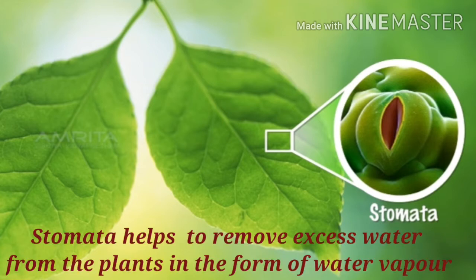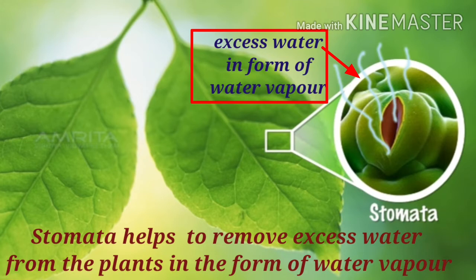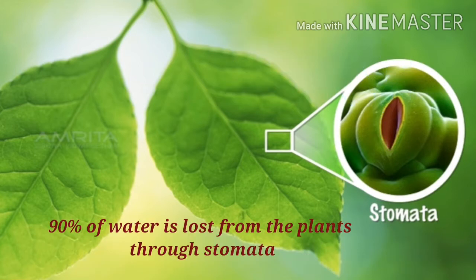On hot or sunny days, the water in plants becomes hot and is converted into water vapor. These water vapors are released from the stomata present on the surface of the leaf to keep the plants cool during the hot summer. Do you know about 90% of water is lost through the stomata?